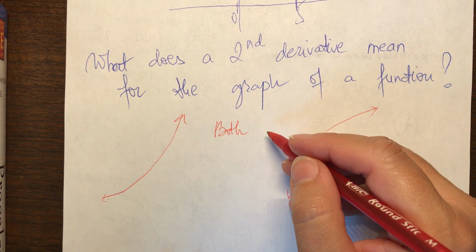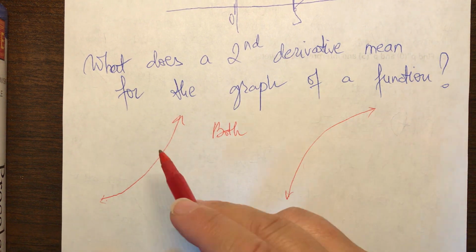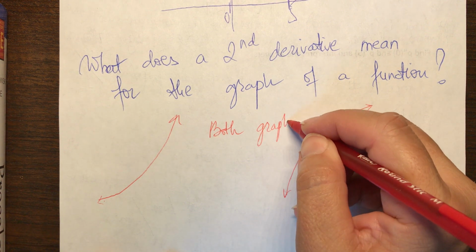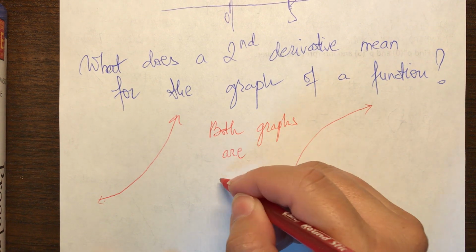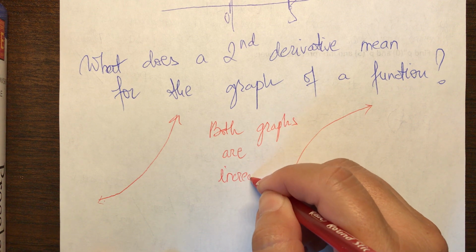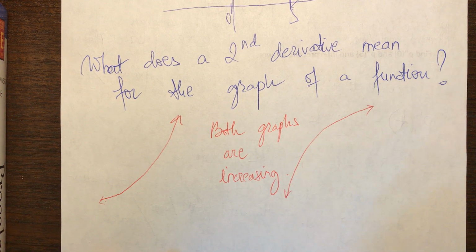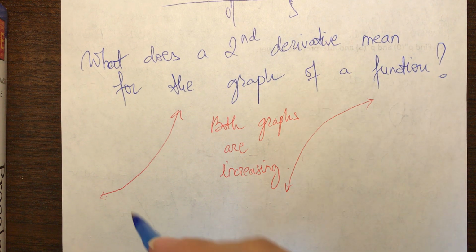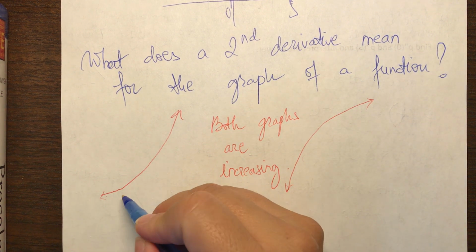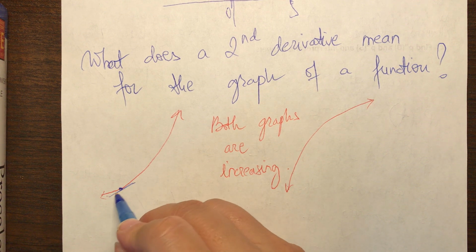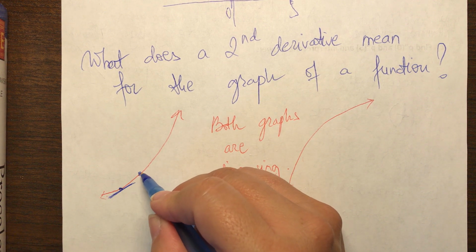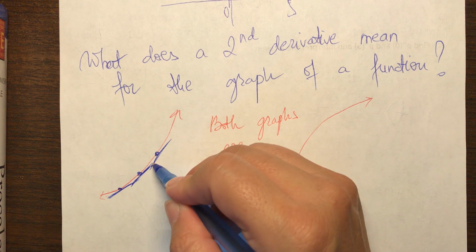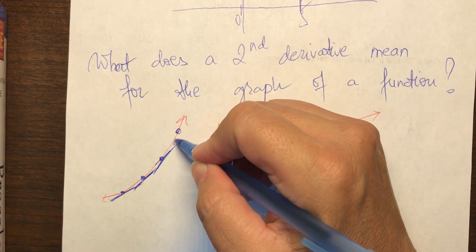But they each are increasing differently, and that has something to do with the second derivative. So what is a first derivative? The first derivative is the slope of the tangent line, yes? So here are tangent lines to your graph, and here are their slopes.